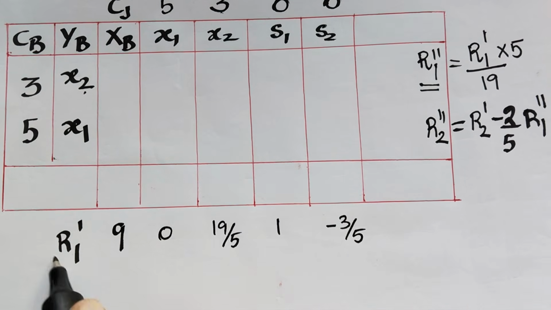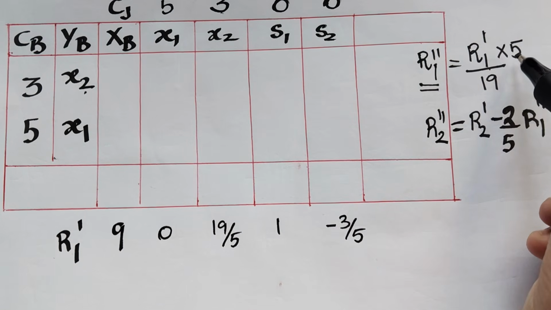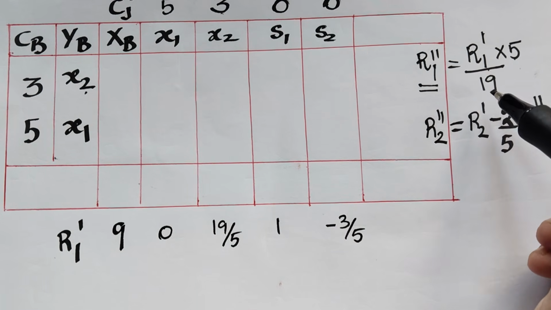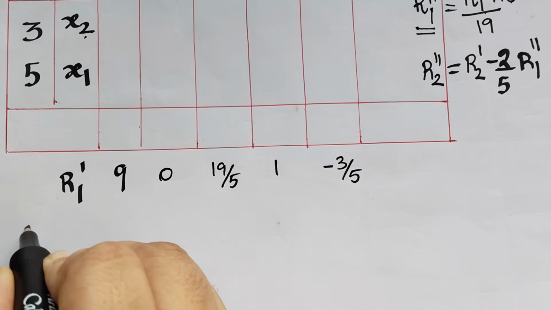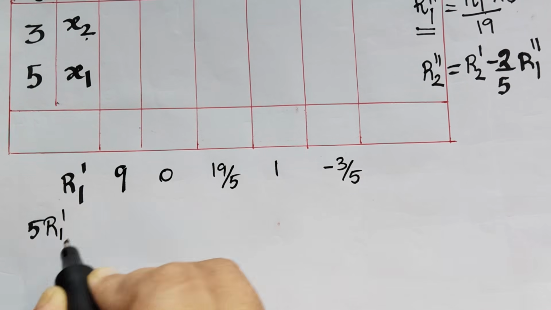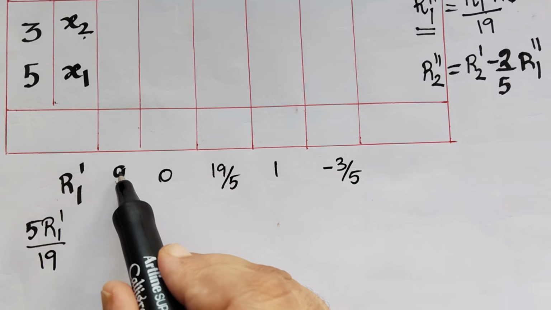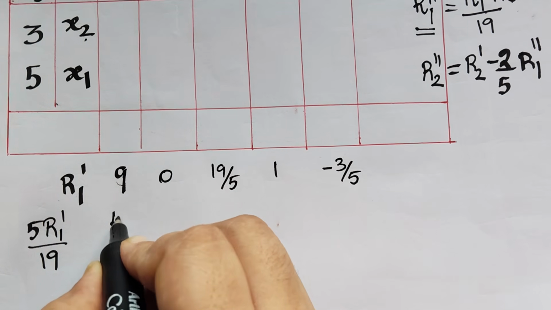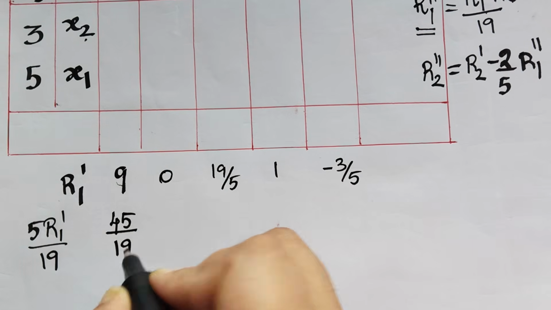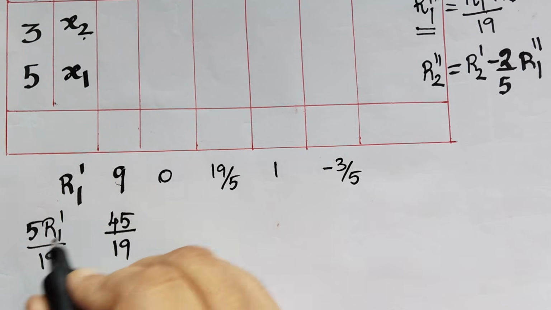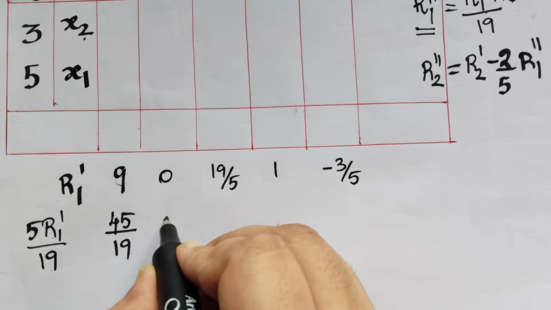Now this R1 dash has to be multiplied by 5 and divided by 19. So that is 5 multiplied with R1 dash divided by 19 we have to do. So this first element, 9 multiplied with 5 is 45. So 45 divided by 19 we get. Then this is 0. So 0 multiplied by 5 by 19 is 0 only.